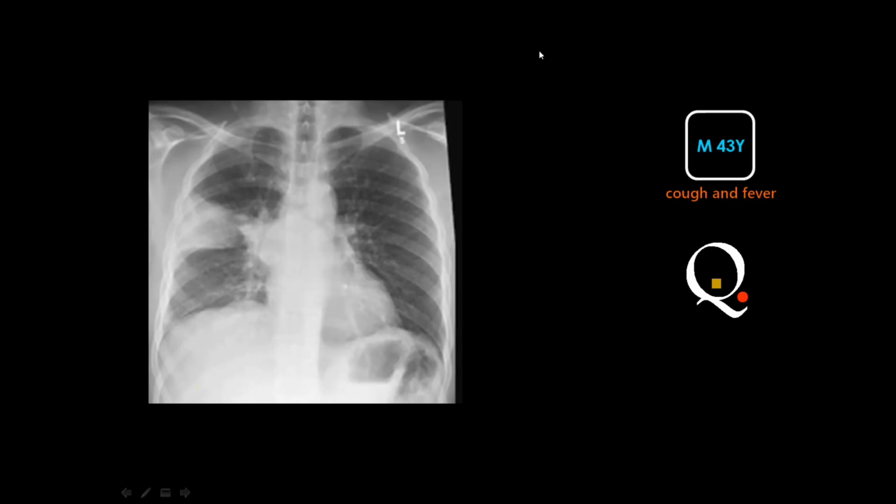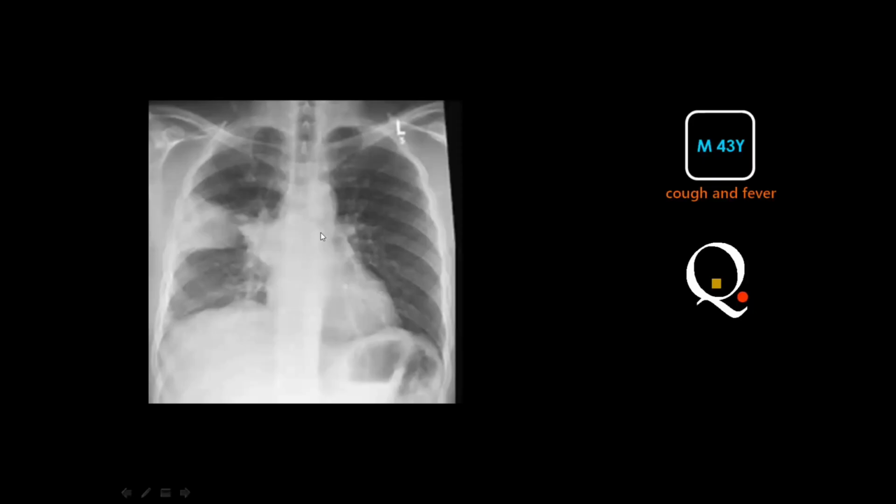Next case is the male patient, 43 years old, with cough and fever. Yes, pneumonia. Of course, but is there any other finding in the film apart from pneumonia? Pneumonia, collapse, pneumonia. Hilar mass, very good. Yes, very good.